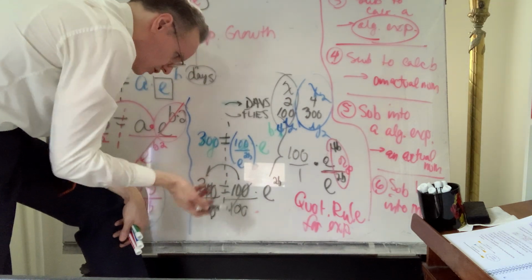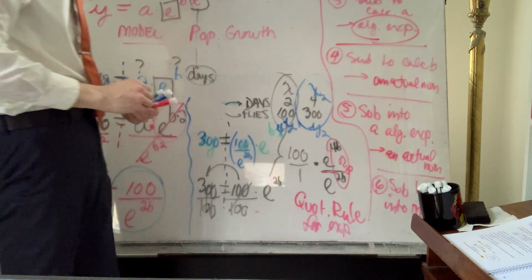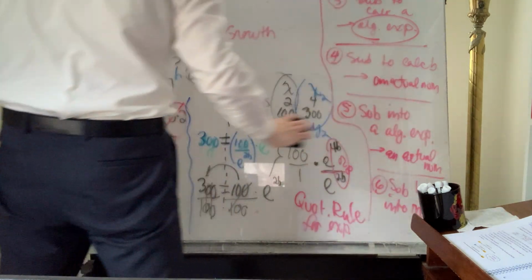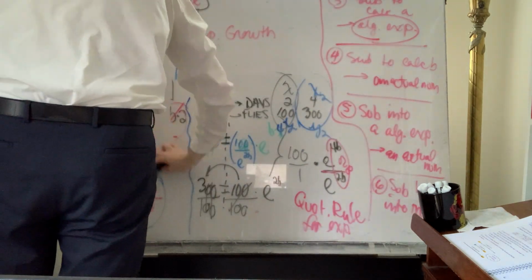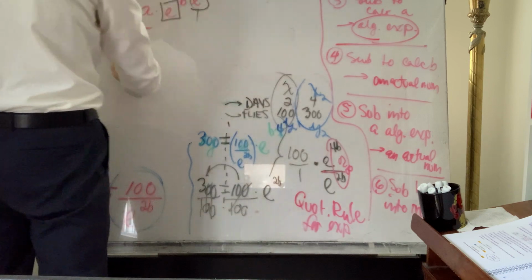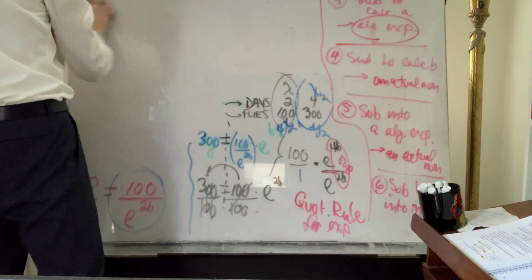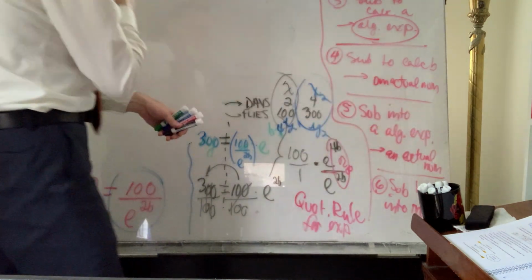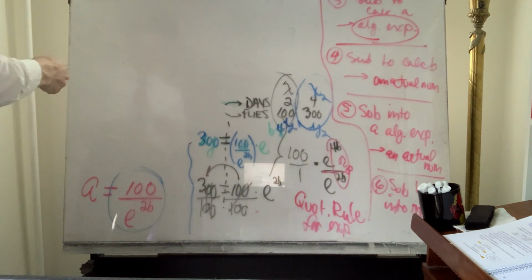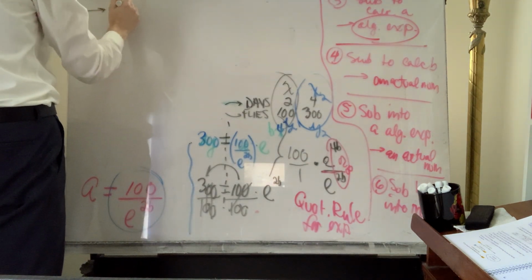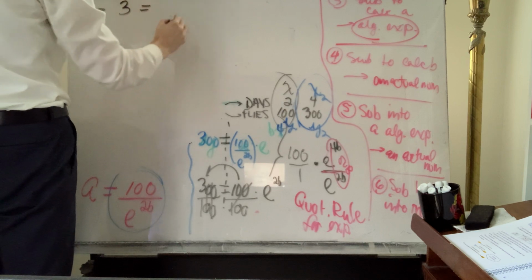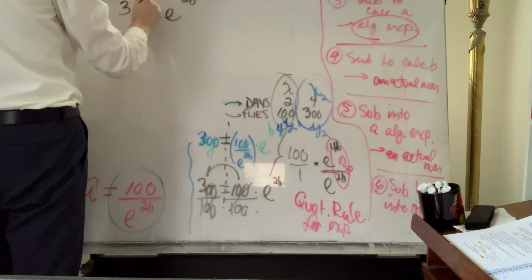And that will reduce to just the number 3. So we have 3 on one side, and we have e to the 2b on the opposite side.